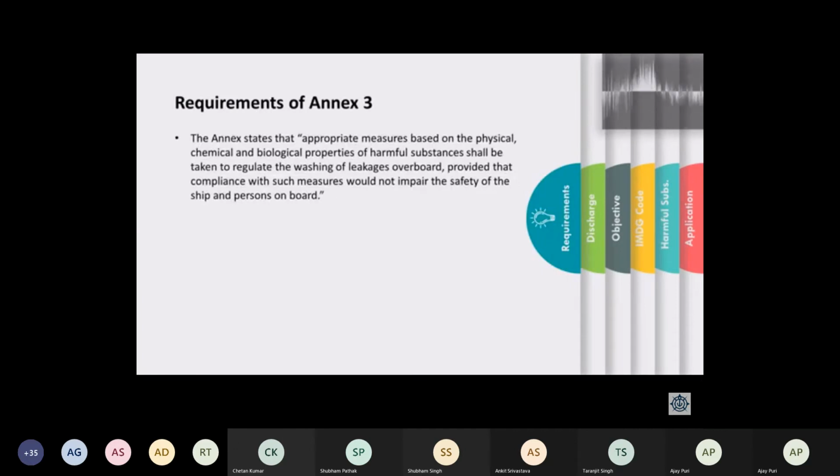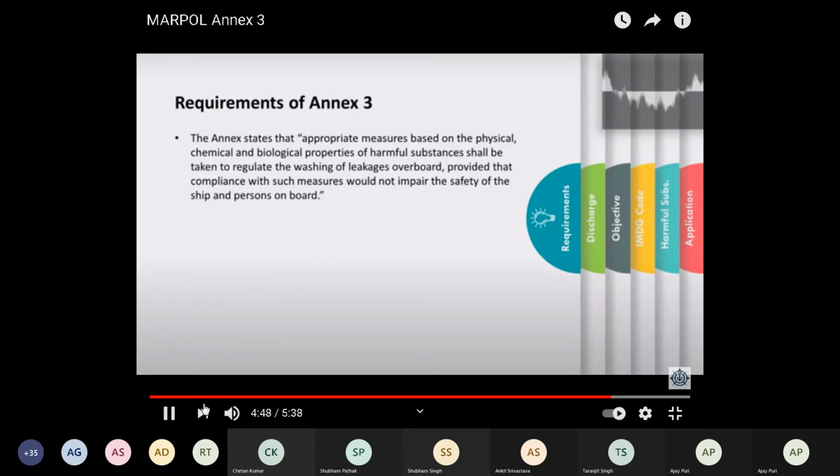The Annex states that appropriate measures based on the physical, chemical, and biological properties of harmful substances shall be taken to regulate the washing of leakages overboard, provided that compliance with such measures would not impair the safety of the ship and persons on board. So this basically means that sufficient steps need to be taken based on the properties of a harmful substance to prevent its discharge into the sea overboard.